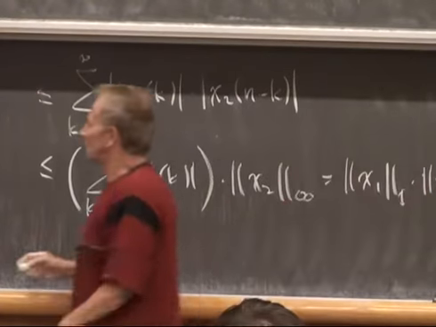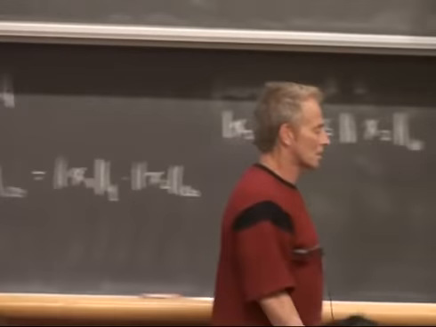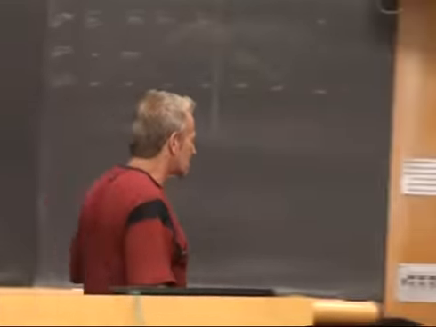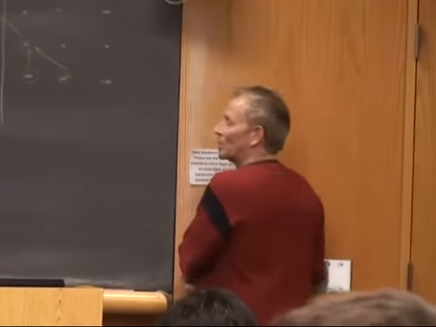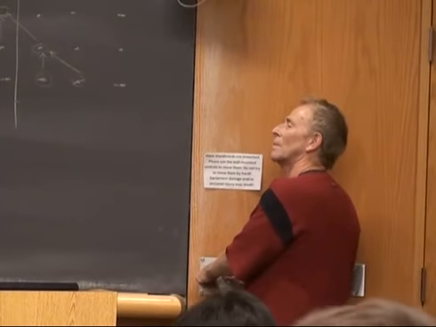So what we've shown is that for every n value, x1 convolved with x2 of n not only exists, but also is bounded from above in absolute value by the one norm of x1 times the infinity norm of x2.